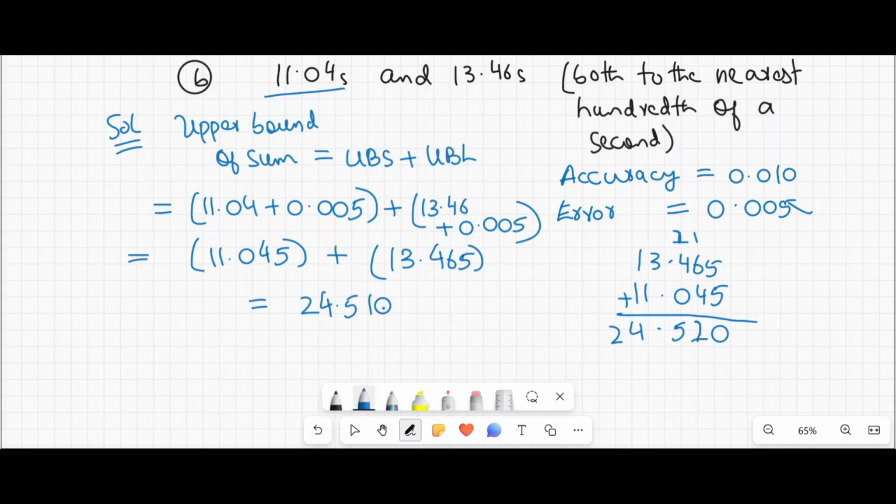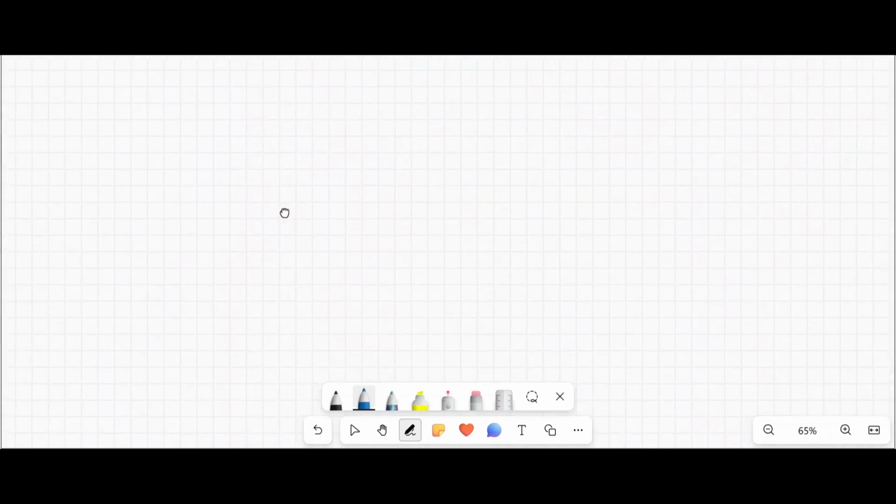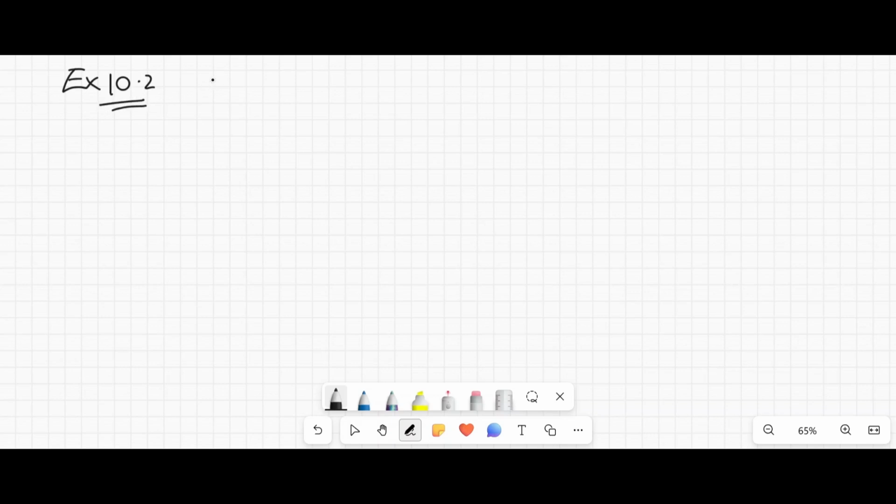Now we have part C from this question. Exercise 10.2, part C. For this we have 6.42 meters and 5.97 meters, both to the nearest centimeter.